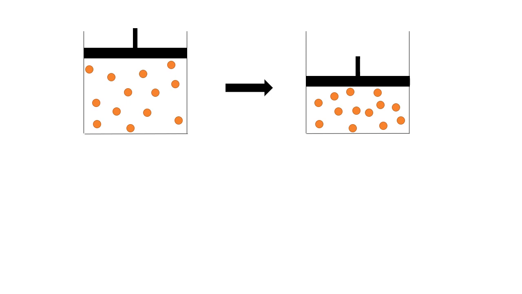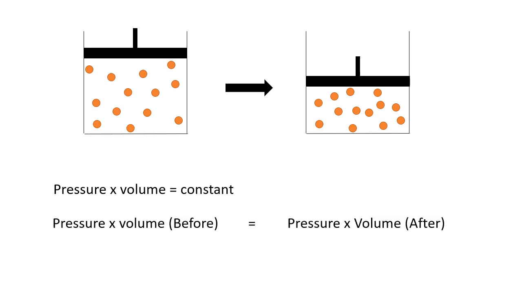So if we look back at the syringe from earlier on in the video, and we were to say that the pressure times the volume is constant, then in the first image, if we find what the pressure of the gas is and multiply it by the volume that the gas takes up, it should be equal to the latter picture where the pressure is higher, but the volume taken up by the gas is lower.